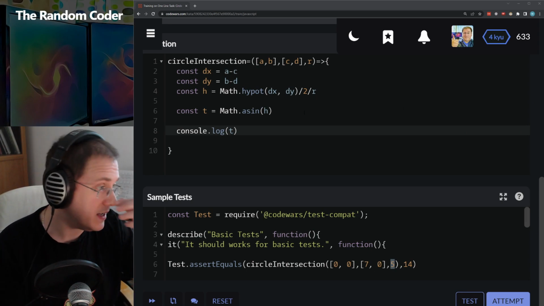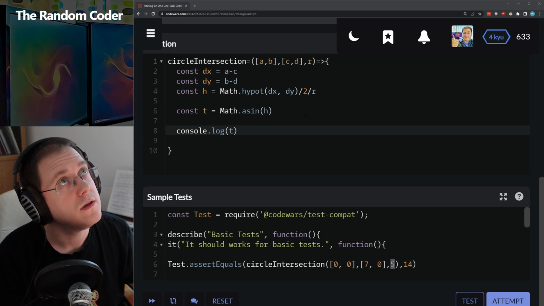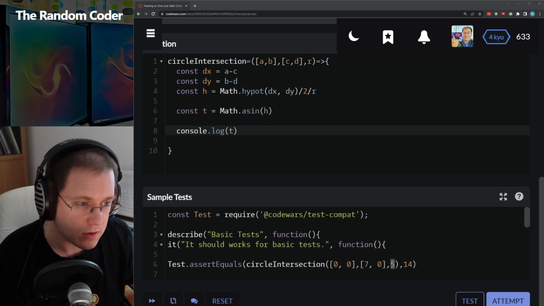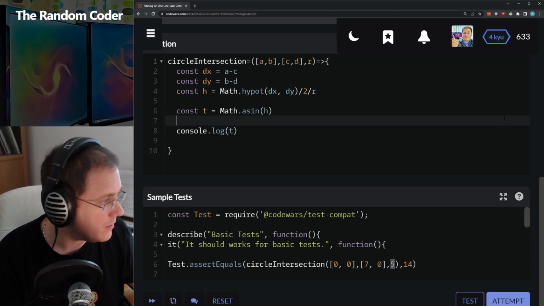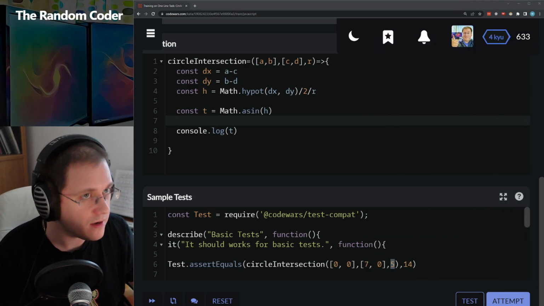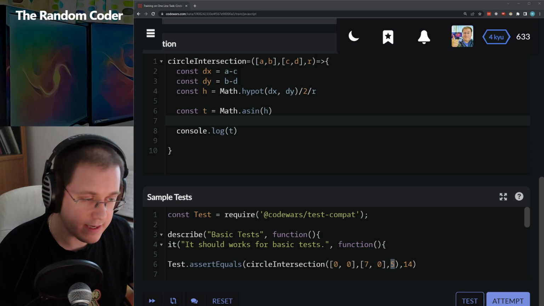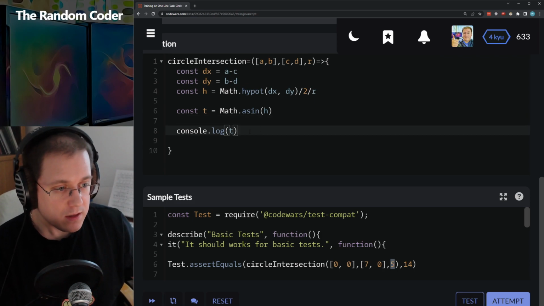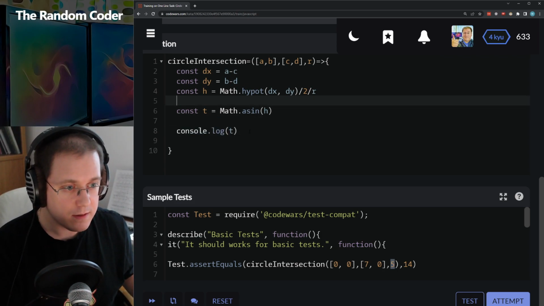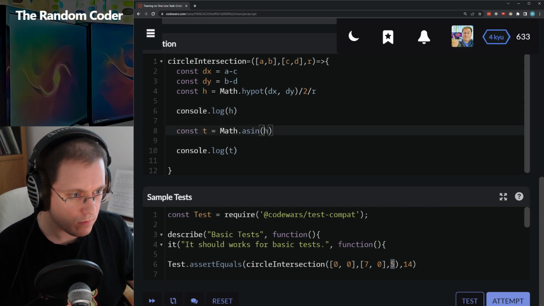In fact, it might even be exactly 30 degrees, because, I don't know, just got a gut feel. I happen to know that the sine of 30 degrees, sorry, the cosine of, anyway, I don't know. Let's see. Let's log all that stuff out.